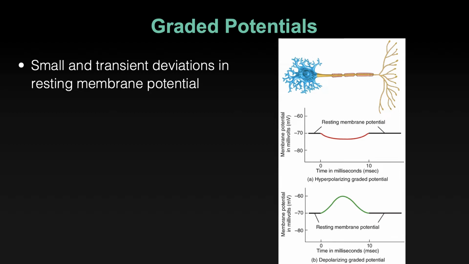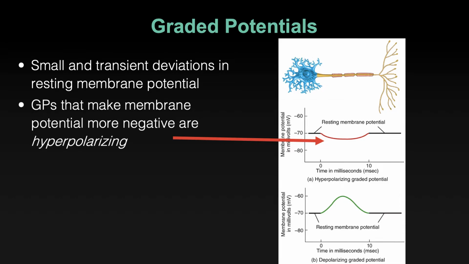They're small, temporary deviations in resting membrane potential. You receive them at the dendrites, they spread through the cell body. Some of them, like you saw in the video, open potassium channels, potassium rushes out, the inside becomes more negative, and it inactivates the neuron.